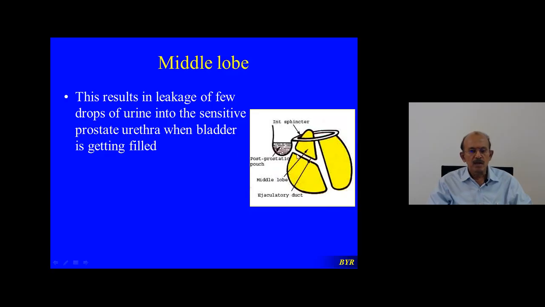So this will cause the sensation of urination for the patient. For every 100 or 150 ml of urine in the bladder, the patient has to run to the bathroom. So there will be more frequent emptying of the bladder. That is called the frequency of urination. So this causes urgency and frequency.